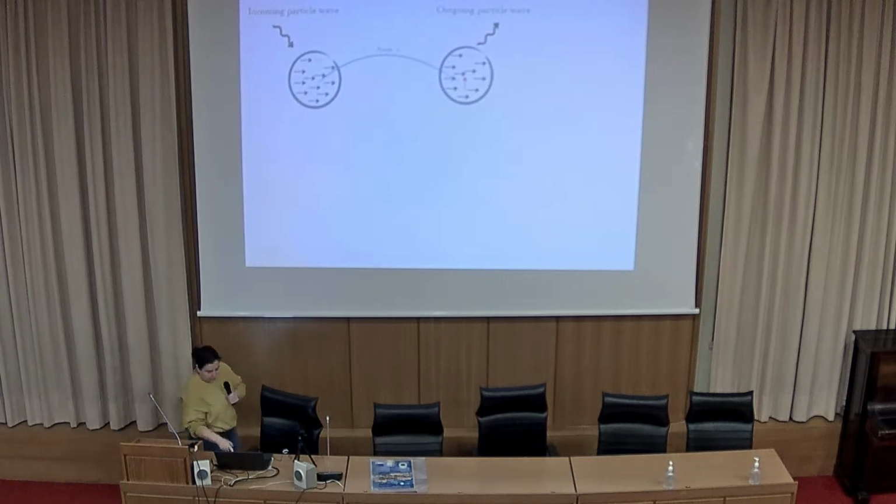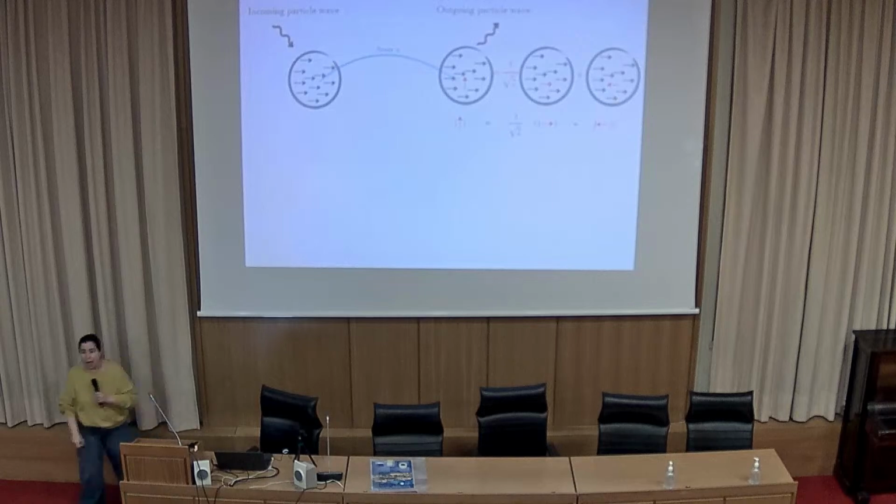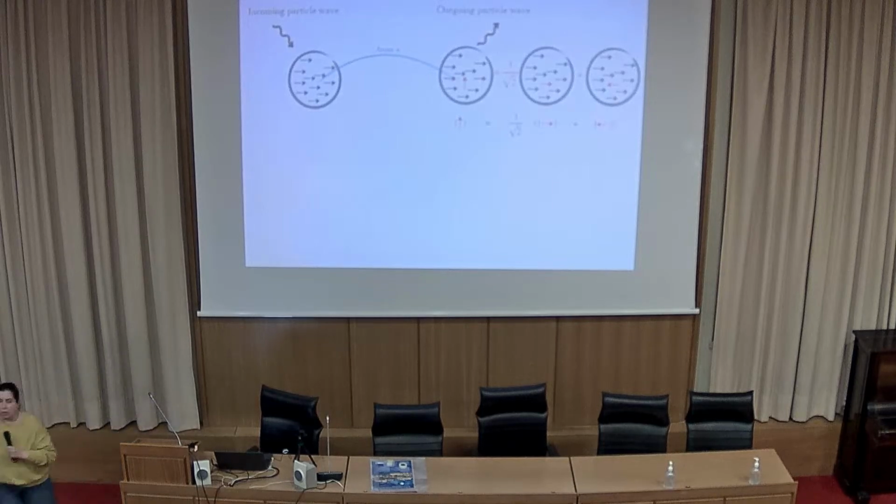Now, when we do that, and we decompose the excited state into the original state, you see that the excited state now is not orthogonal to the original state. So the final states of this problem are not orthogonal to each other, which means that now we have coherence.